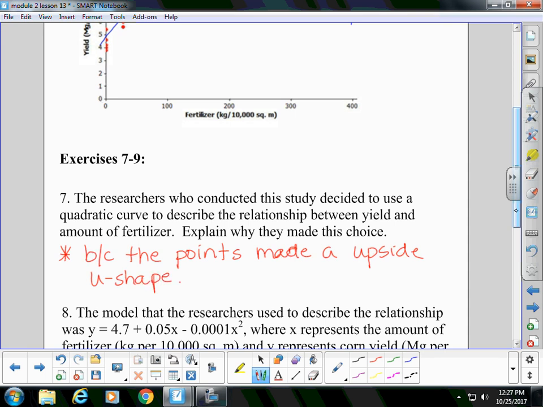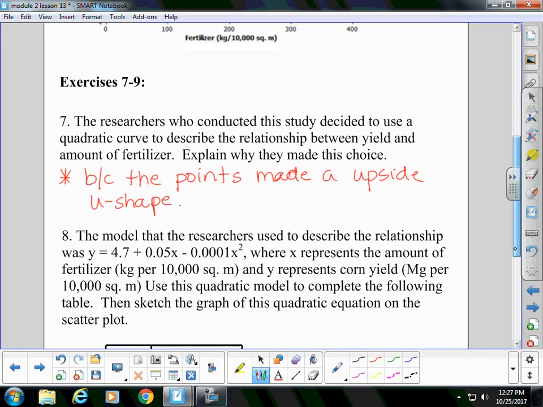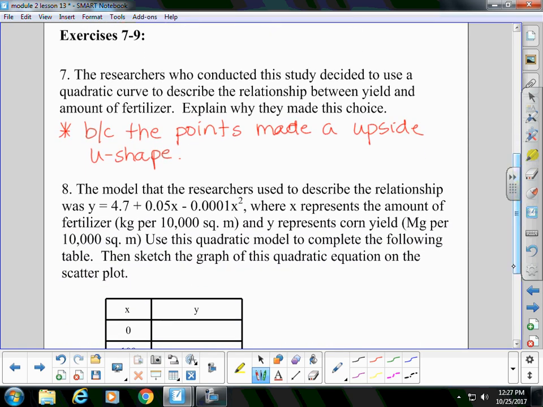Okay, the model, number 8. The model the researchers used to describe the relationship is y equals 4.7 plus 0.05x minus 0.0001x squared.